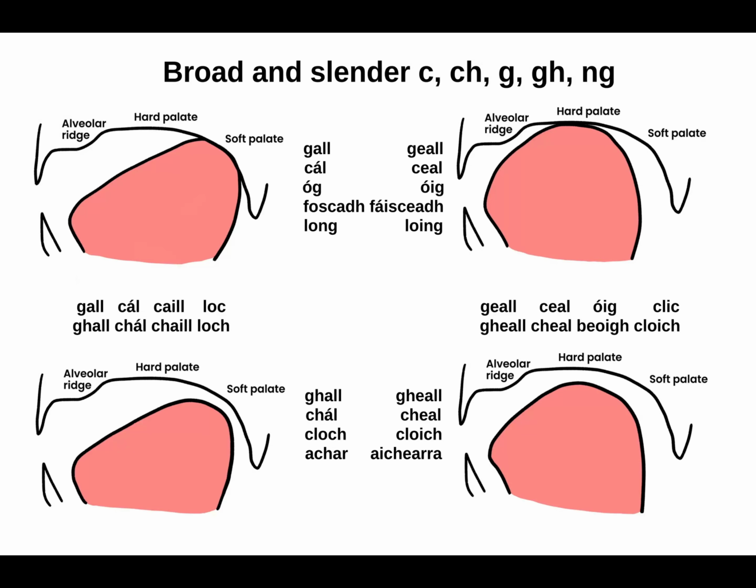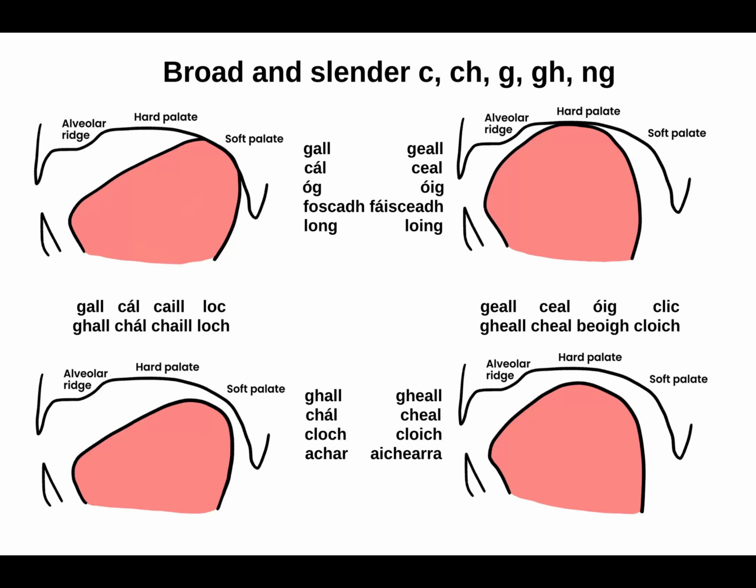So understanding the anatomy of the mouth really helps us pronounce these different sounds and these distinctions that we don't have in English. And then the big pink blob is the tongue. So we'll start in the top left.